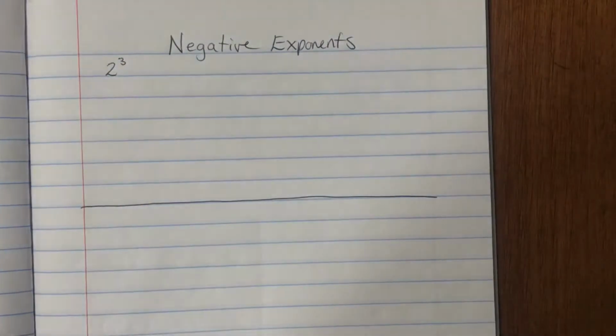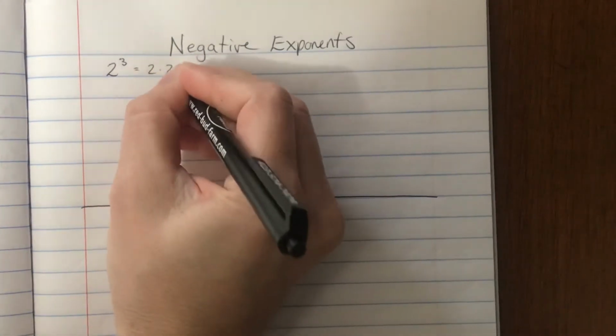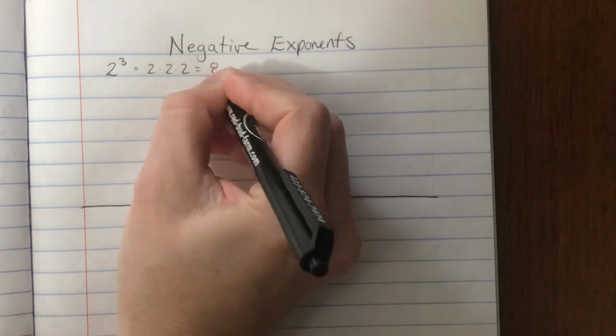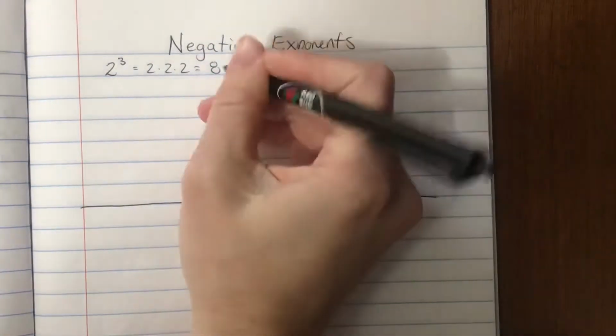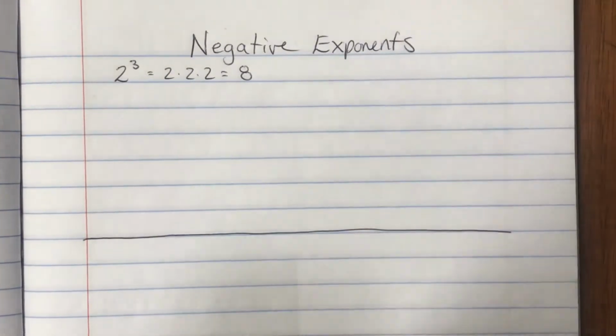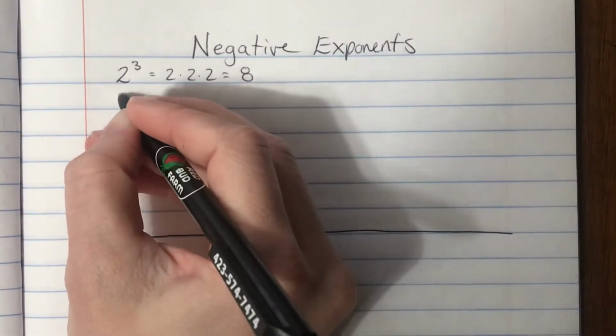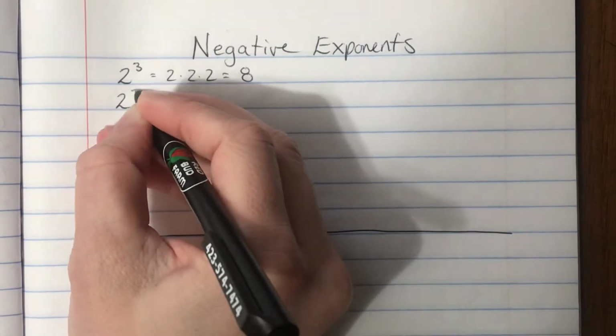Up here at the top, we know that 2 to the 3rd power is the same thing as 2 times 2 times 2, which is 8. I don't think anybody would fight me on that one. Then, if we keep going, let's look at another in the same family of exponents.